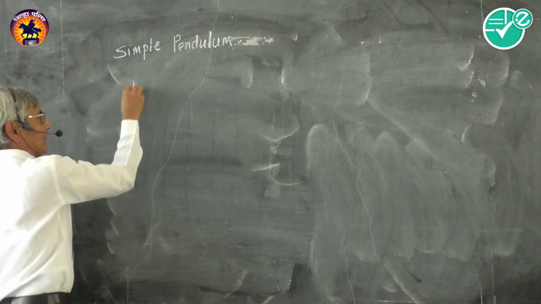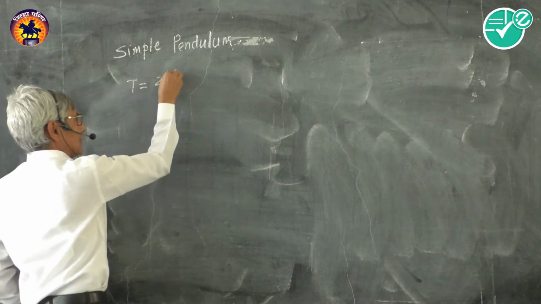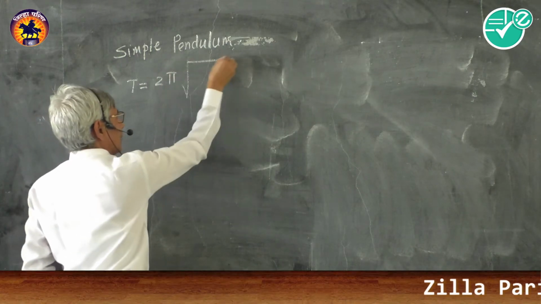The expression for the period of the simple pendulum is given by T is equal to 2π under root L by g.